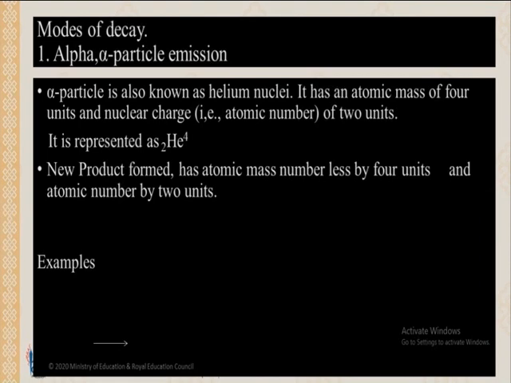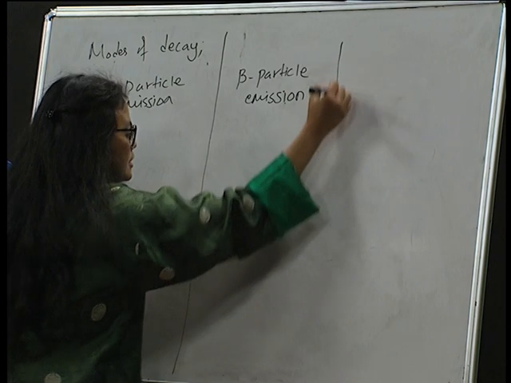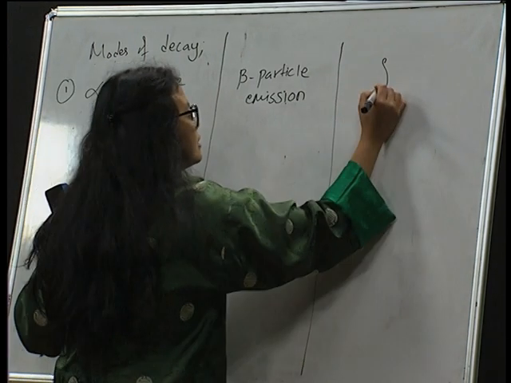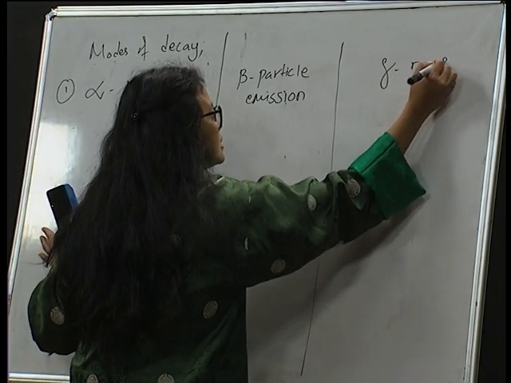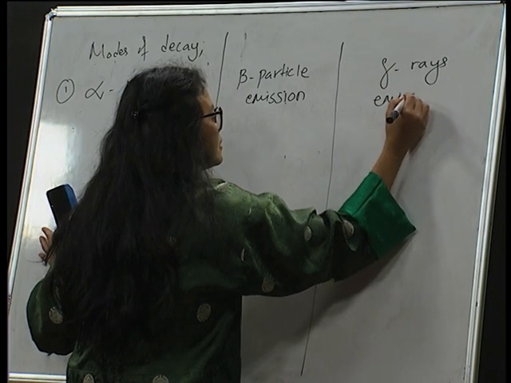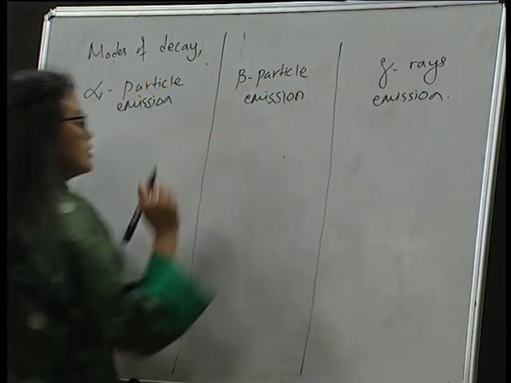So, number 1, alpha particle emission. Second, beta particle emission, and third, gamma rays emission.